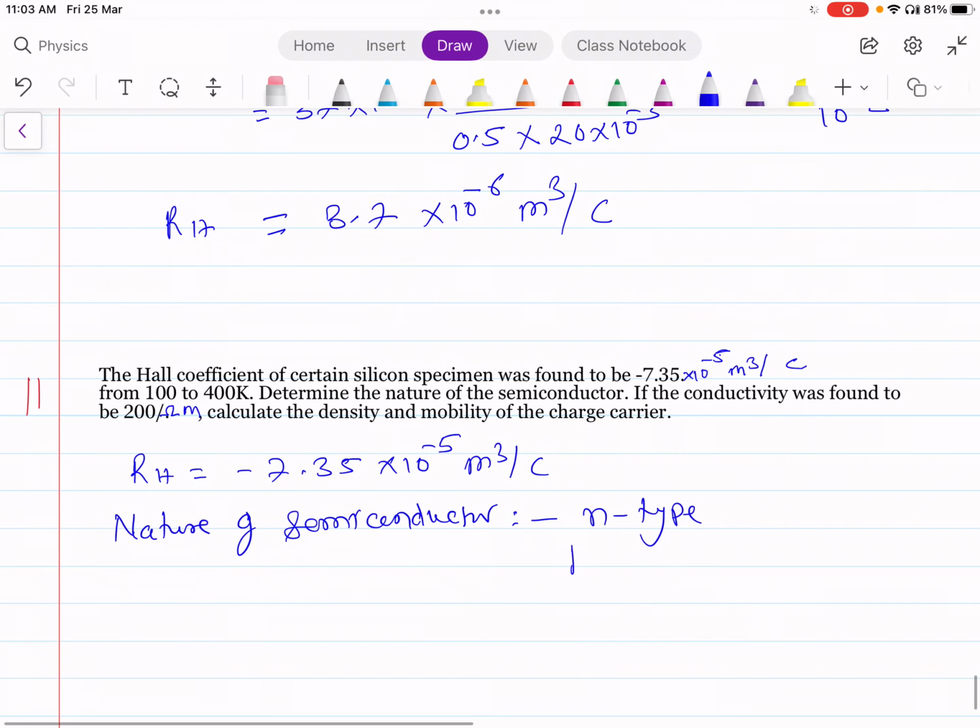Why? Because RH is negative for N-type semiconductor.